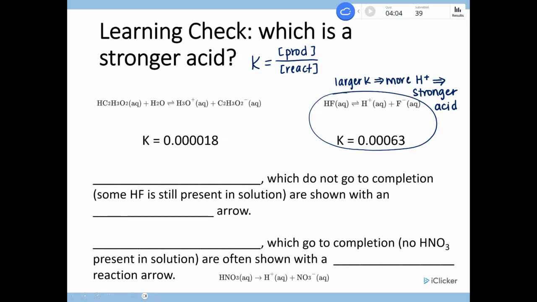This K value is small, which tells us that at equilibrium, there is more reactant, so HF or HC2H3O2, present at equilibrium than the products.